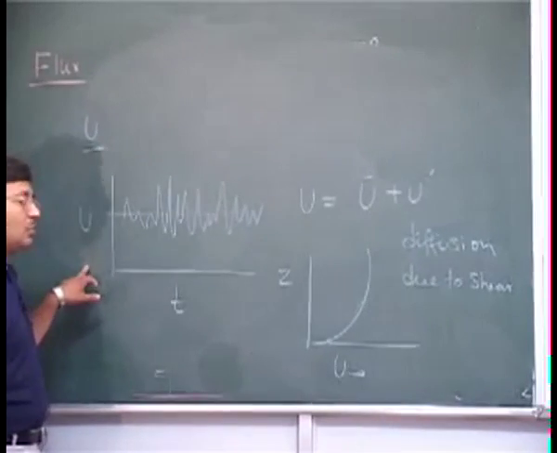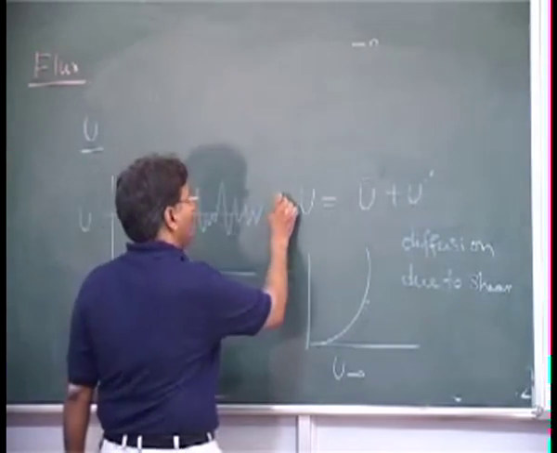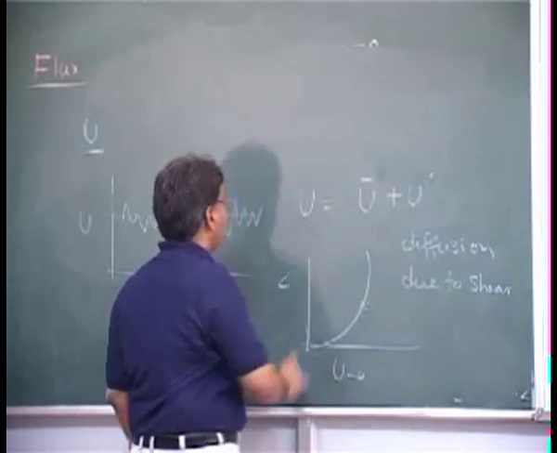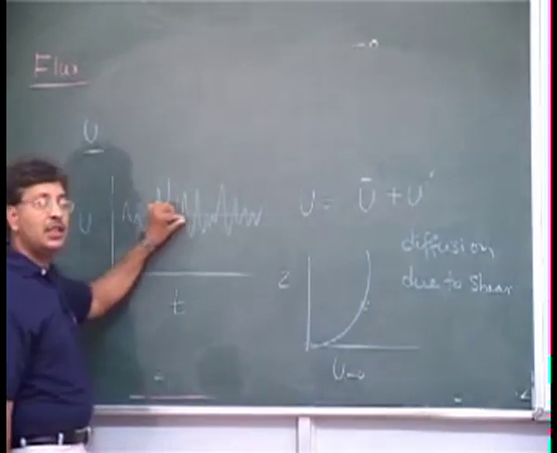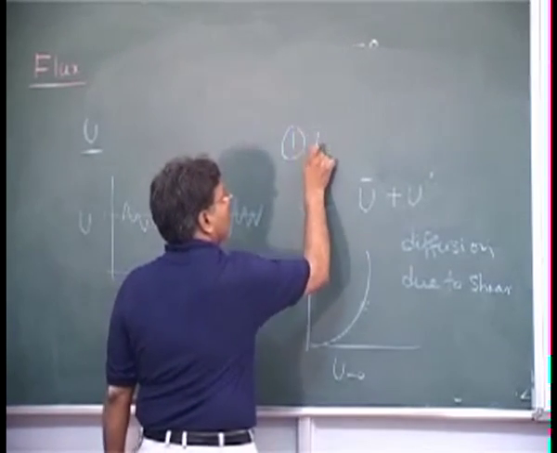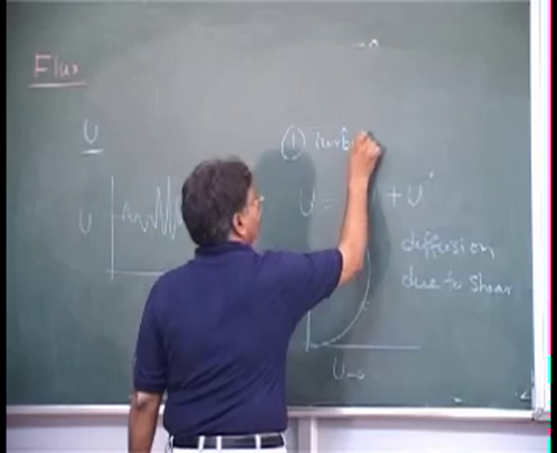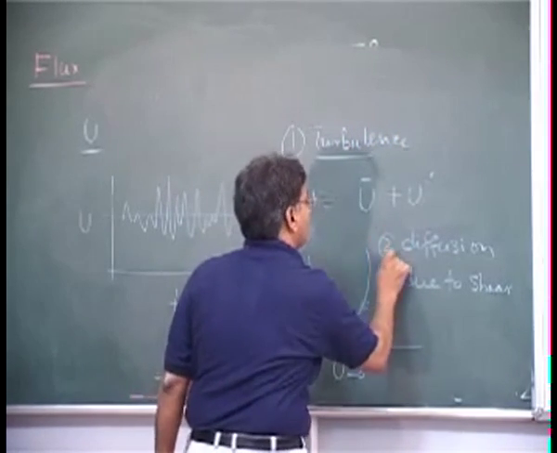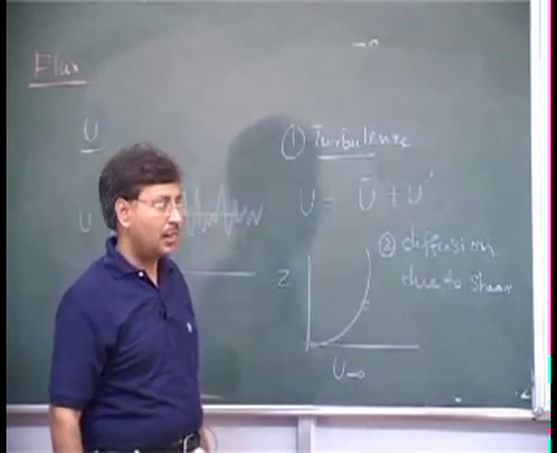Now what we want to say is that one diffusion is because of turbulence. If there was no turbulence, then you would get the straight profile. So the turbulence and second thing is diffusion. Okay.